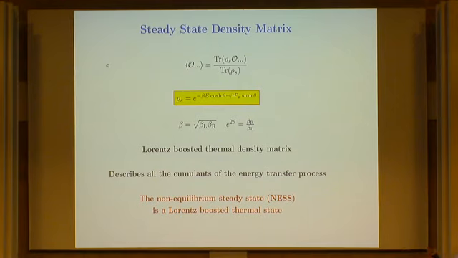And in particular, if you try and understand the form of this energy momentum tensor and compare it with the form for a Lorentz boosted thermal state, you again come to the conclusion that it's equivalent to running past a thermal state at the same temperature, square root of T left and T right.